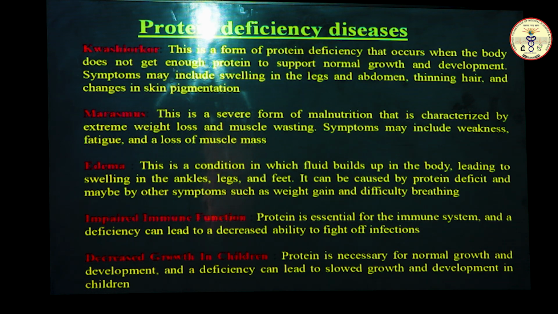The symptoms include swelling in the legs and abdomen and skin pigmentation. Marasmus is also a deficiency of protein, which can be seen in malnourished people. Here the symptoms include weakness, muscle fatigue and a loss of muscle mass.